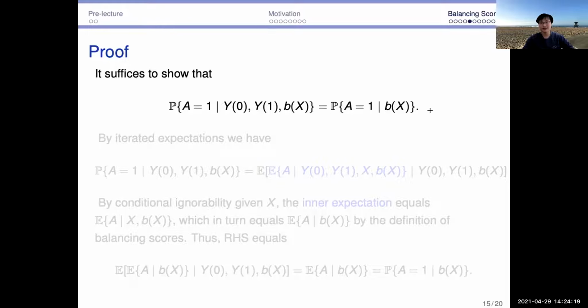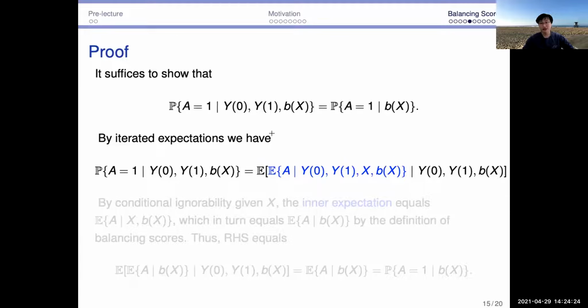Let's calculate the left-hand side. The probability of A equal to 1 is just the expectation of A. So we can use iterated expectation and we get this term. The inside expectation has an additional X, and in the outside expectation we integrate that out.